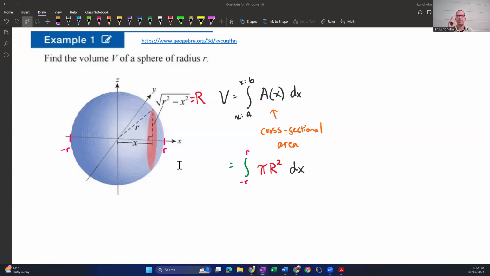So if we trust this as the radius of our circle, let's go ahead and just keep moving forward with this. Little r, little r. I'm going to throw pi out in front. And the r squared will turn into the square root of little r squared minus x squared, and then we've got that squared, and then we've got dx.